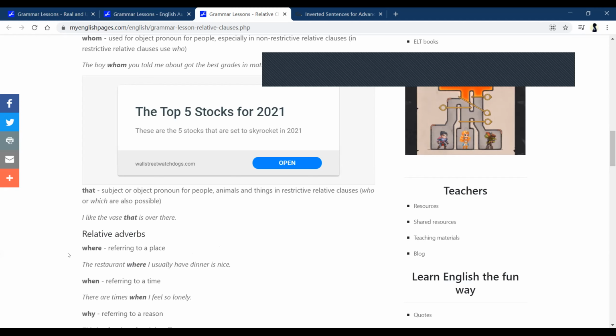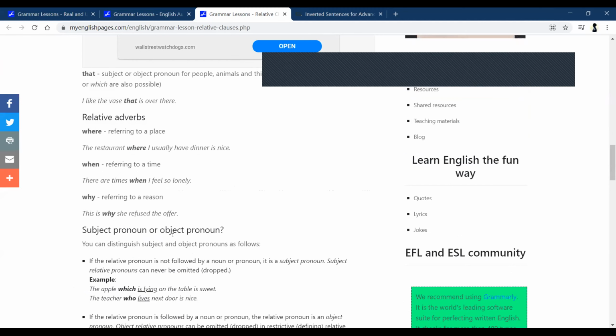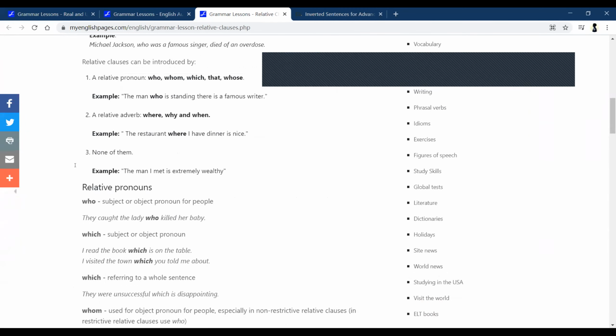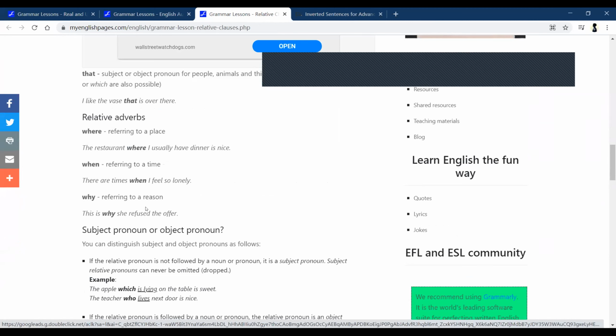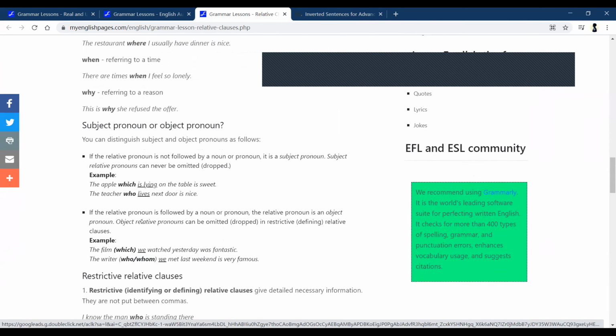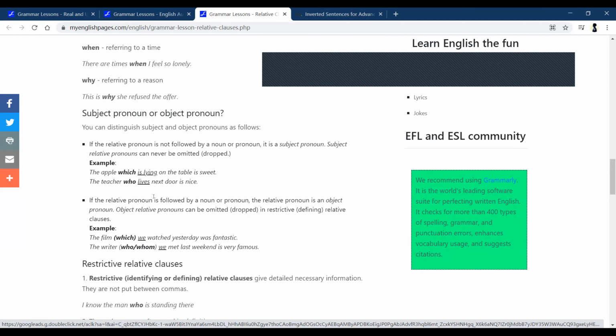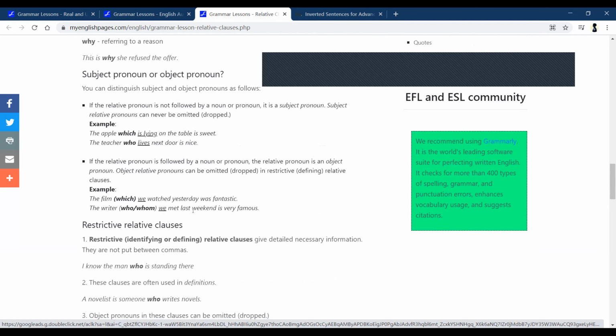So remember, you can use on which to substitute when. And if you use which sophisticatedly, nothing will happen, but people will respect you when you know so many uses of which. We'll continue.